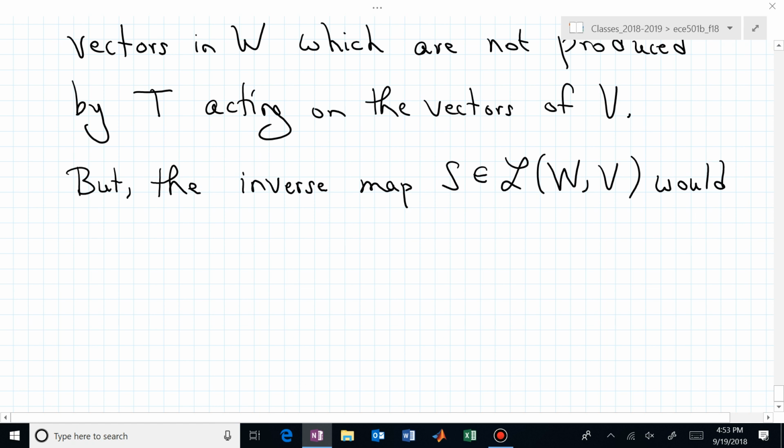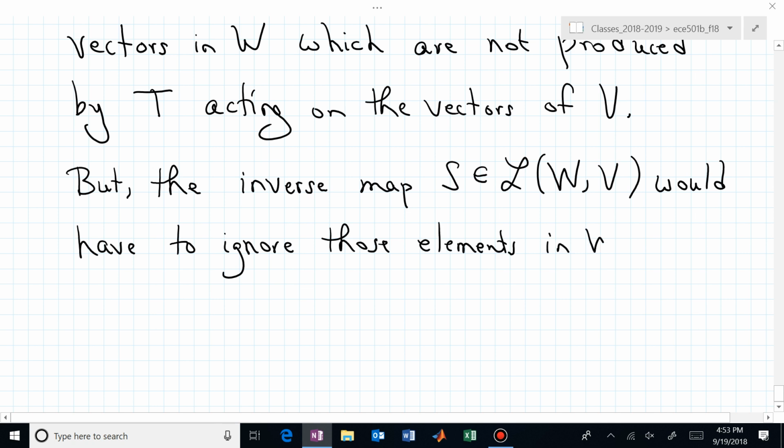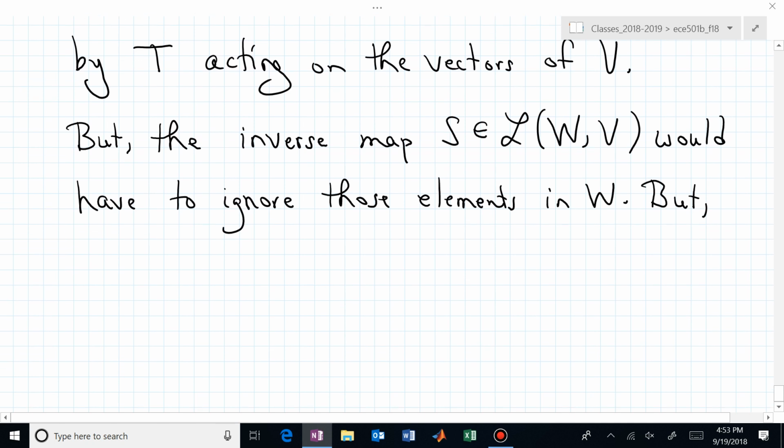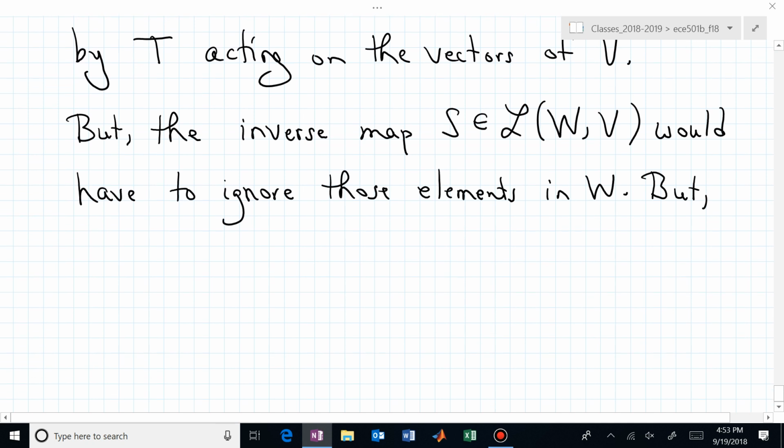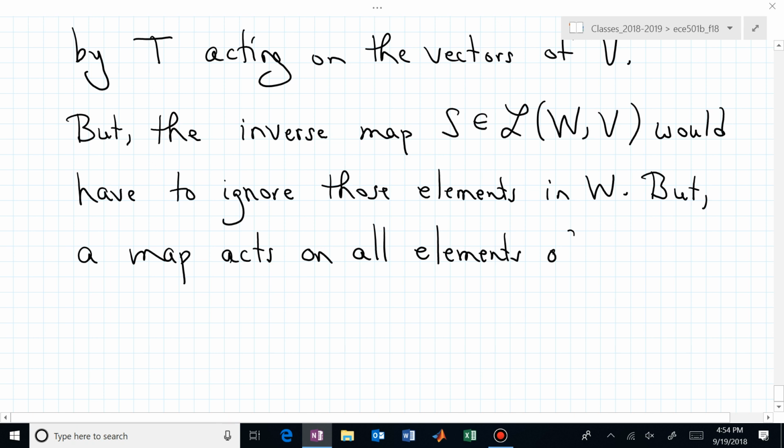The inverse map S would have to ignore those vectors in W. But that's contrary to what a linear map does. It has to be able to operate on all vectors in the input space. A map acts on all elements of a space.